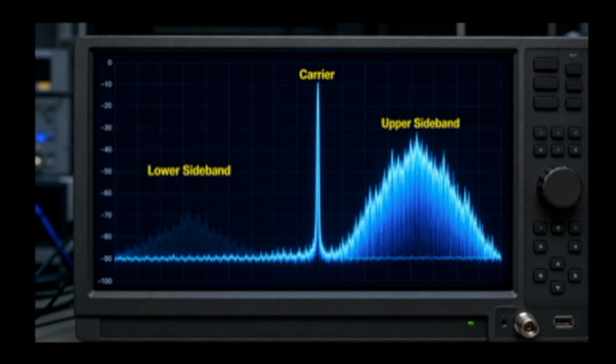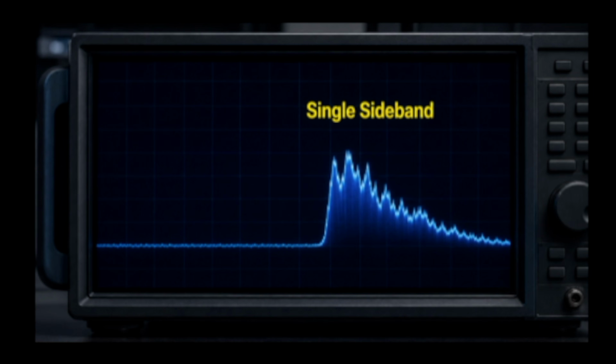They asked another question. If either sideband contains the entire conversation, why transmit both? The answer was that they didn't have to. They transmit one sideband, discard the other, don't transmit the carrier, and suddenly the bandwidth is cut nearly in half.